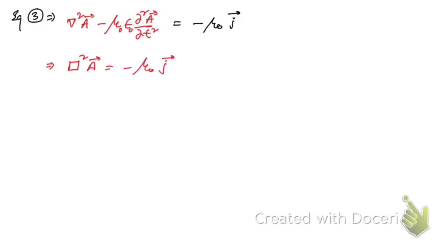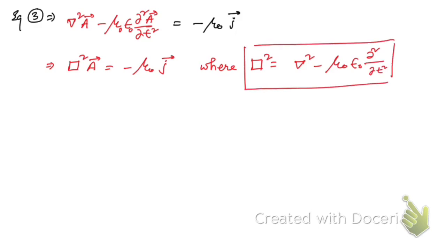This box operator or d'Alembertian operator is nothing but del square minus mu naught epsilon naught times the second-order derivative with respect to time t. This is the d'Alembertian operator, or simply known as the box operator, right?